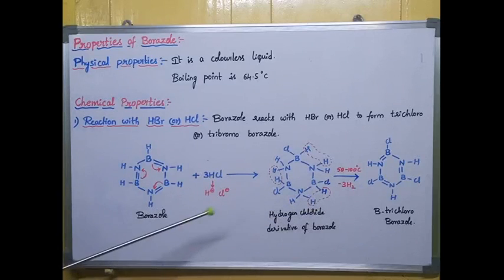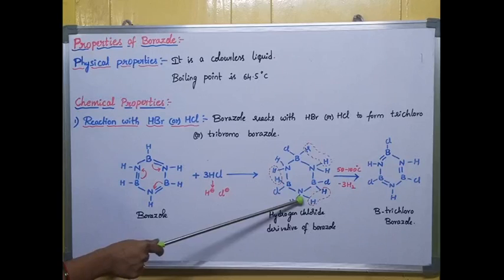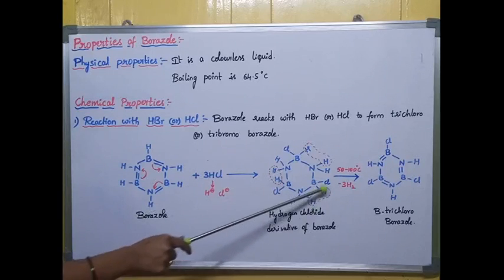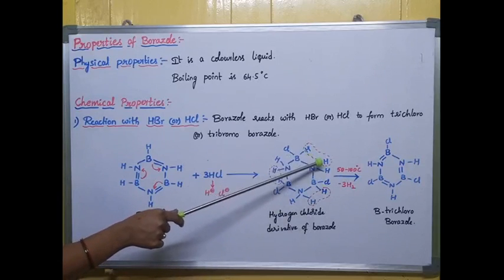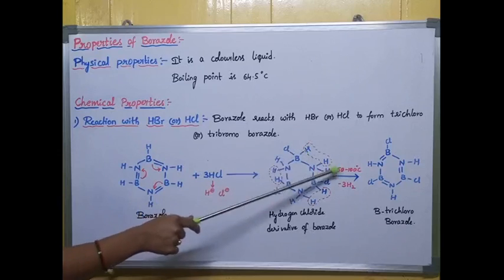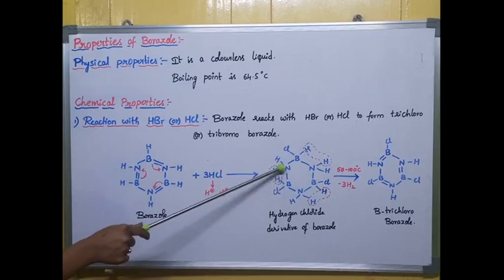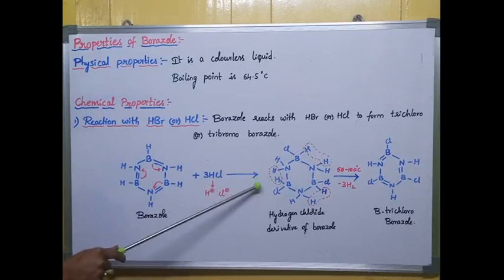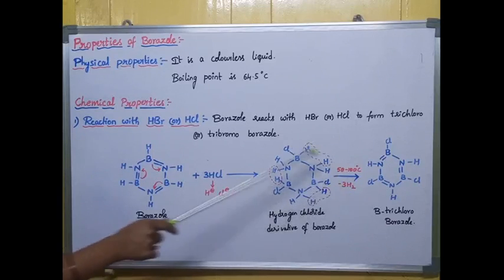Where are these hydrogens removed from? One hydrogen atom from the boron and one hydrogen atom from the nitrogen is liberated, giving one H2. Here also one H2, and here one more hydrogen atom from boron and one from nitrogen. So finally 3 hydrogen molecules are liberated.